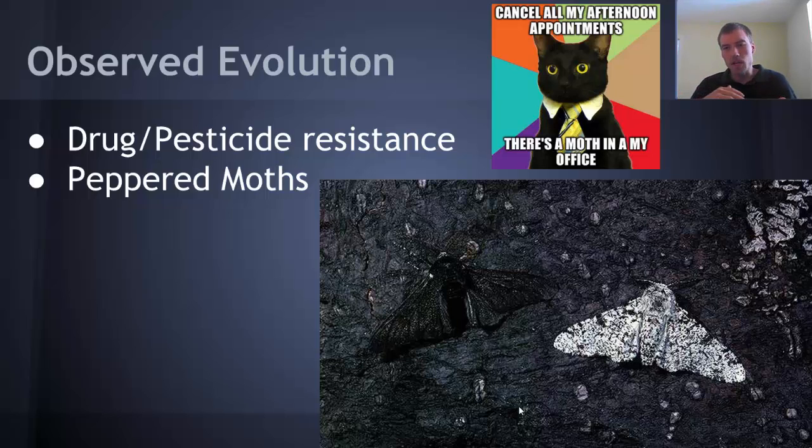So we have observed, and this is just one example, many different instances of evolution taking place. It's evolution, just on a much smaller scale than speciation, creating new species.